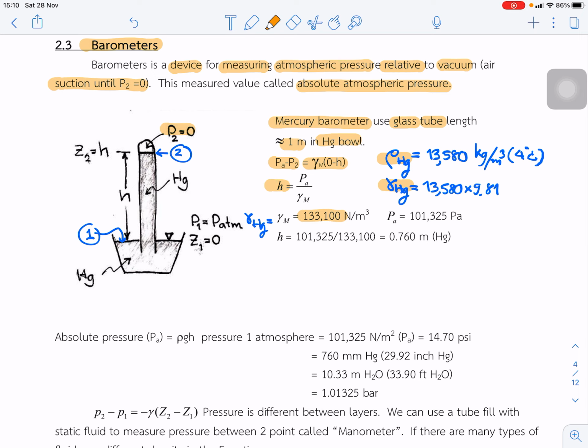And we can estimate the height of the Hg in the tube is equal to 0.67 meter. Okay, that is, we can measure the atmospheric pressure using the mercury barometer, about 0.760 meter.